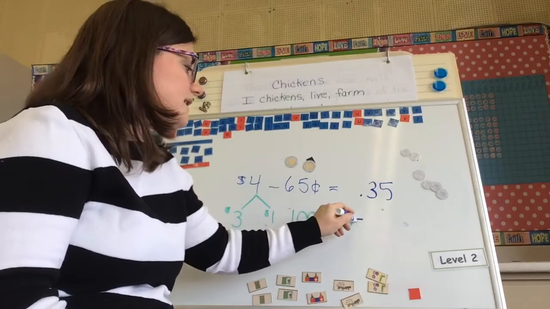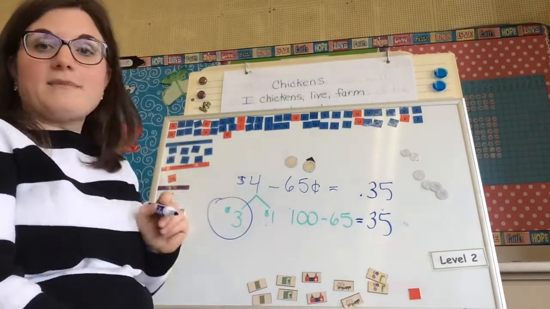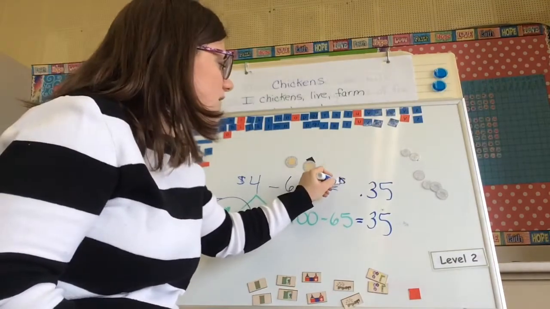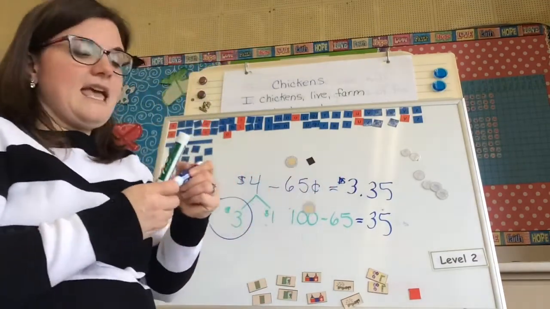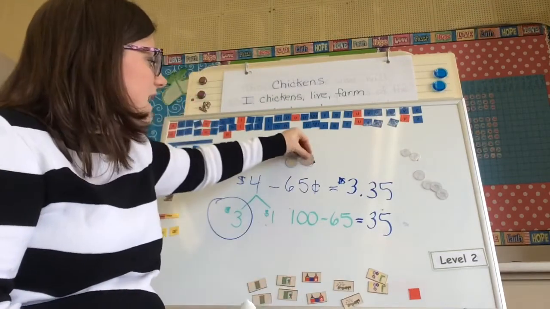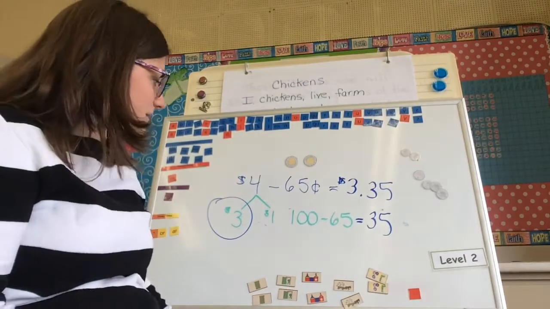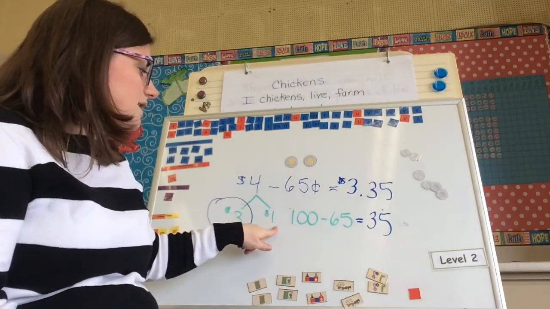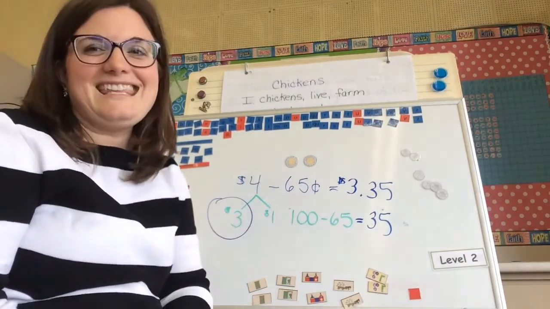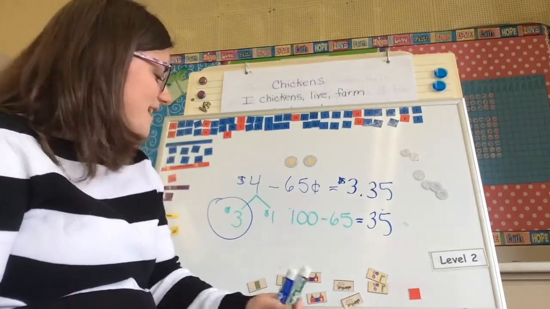So 100 take away 65 is 35. Plus over here, I still have my $3 that I haven't used. So it'd be $3 and, whoops, my toonie fell down. $3.35. Okay? So remember that you can think of $1 as 100. And then that will help you when you are doing your subtraction, that you can write that out.